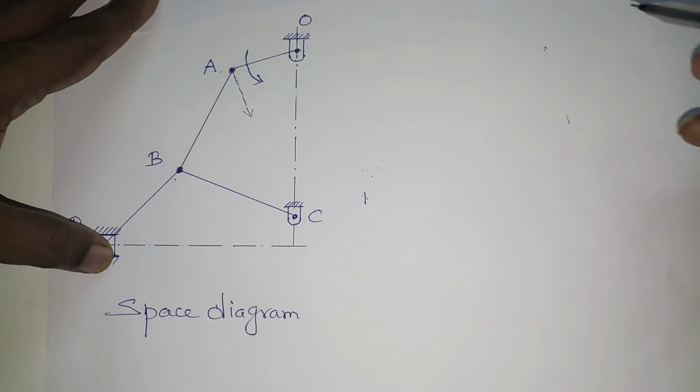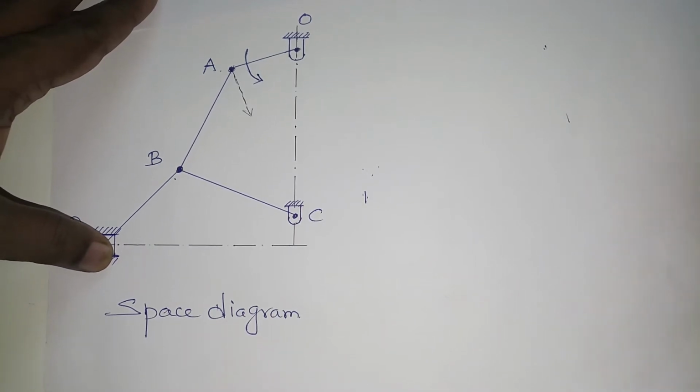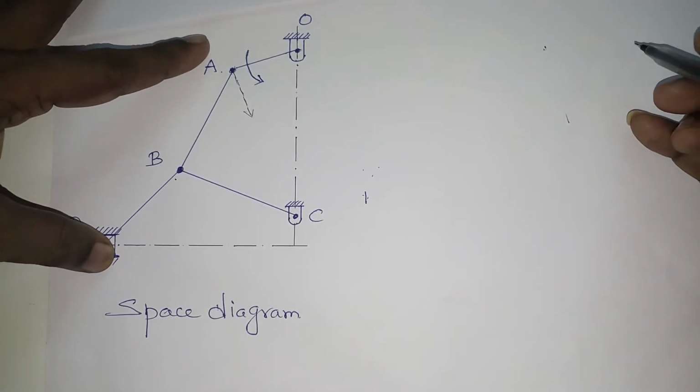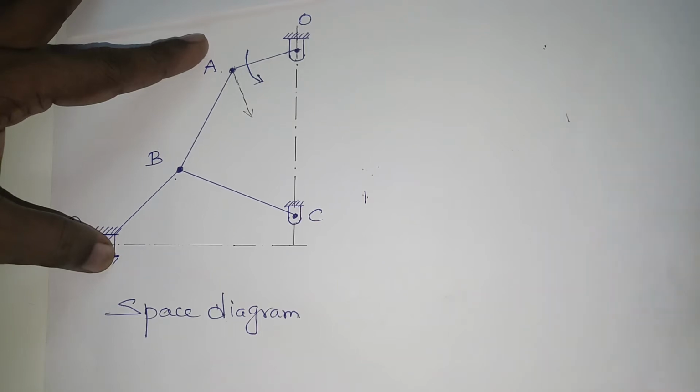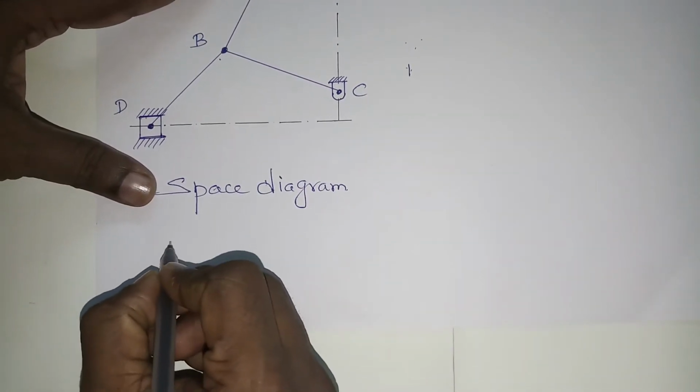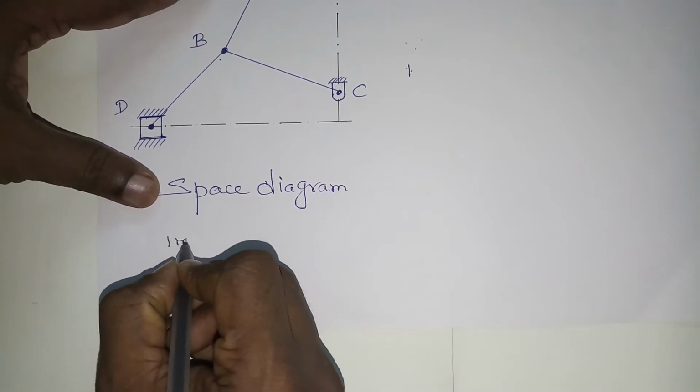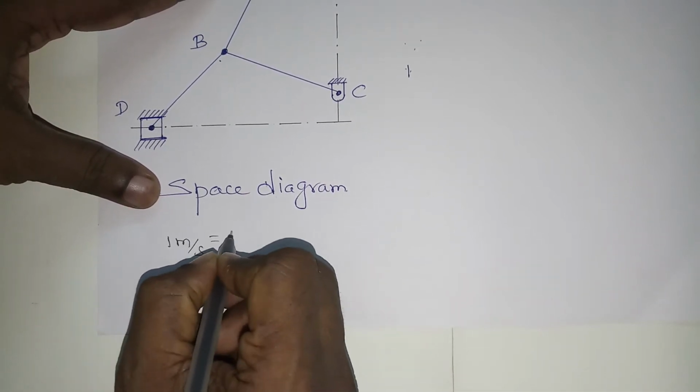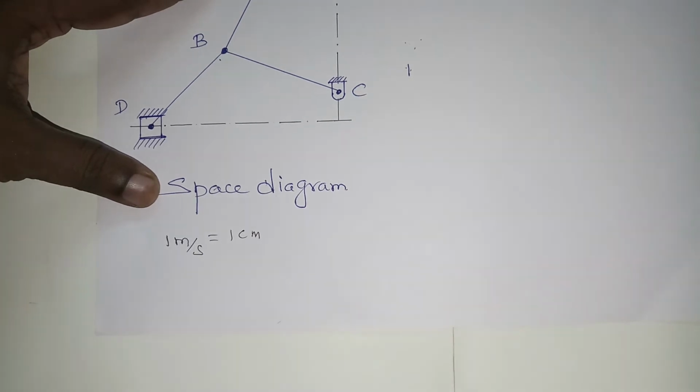To construct the velocity diagram, you need the value in centimeters. So I am going to scale the value. I am going to take 1 meter per second equal to 1 centimeter.